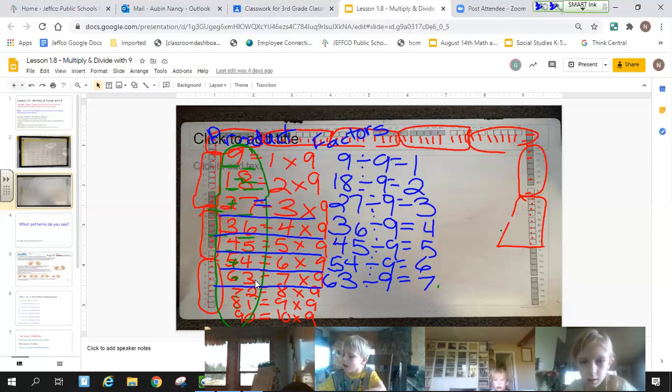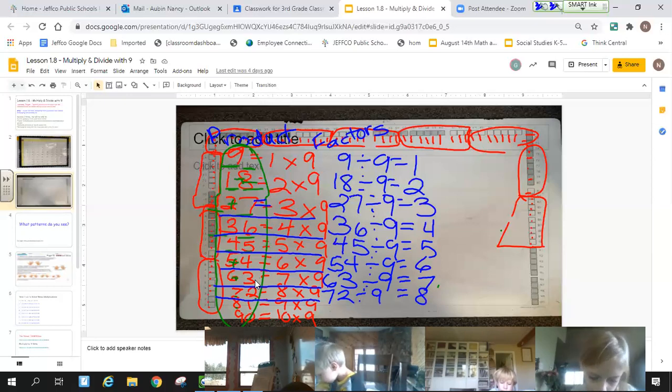If we know, Cooper, that 72 equals 8 times 9, what do we know about division? 72 divided by 9 equals 8. And if we know 81 equals 9 times 9, Lucas, what do we know for the division? 81 divided by 9 equals 9.